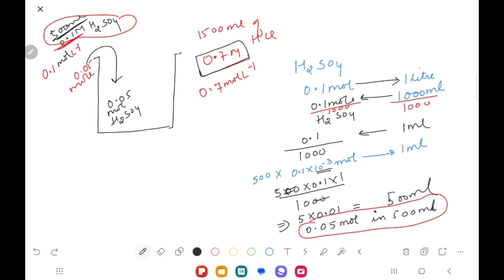Okay, that's fine. And 1 mole of H2SO4 gives me 2 H plus, isn't it? So 0.05 mole shall give me how much? 2 times 0.05, which is going to be 0.1, isn't it? And if that is going to be 0.1, what do you understand from here? Tell me.